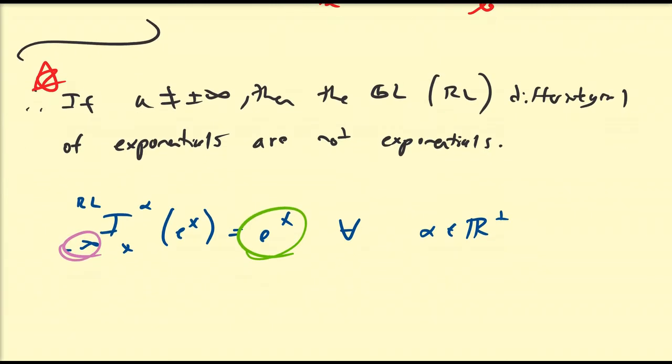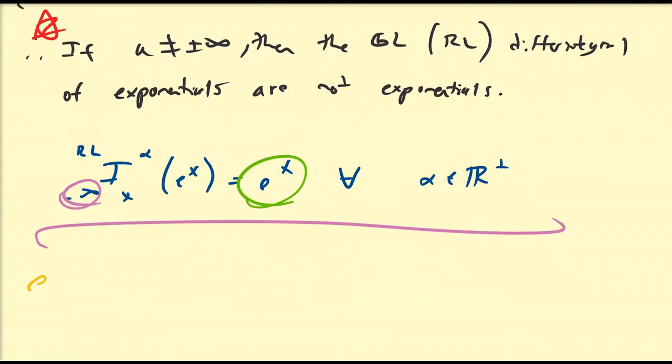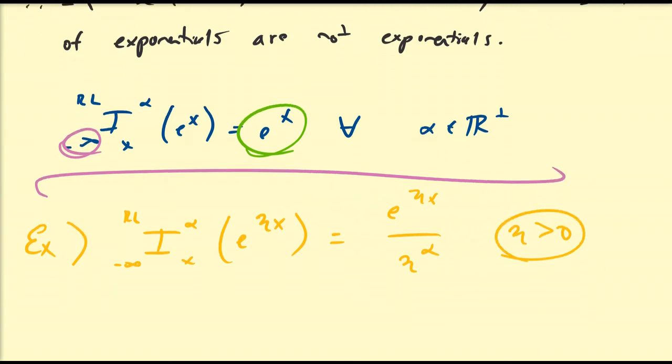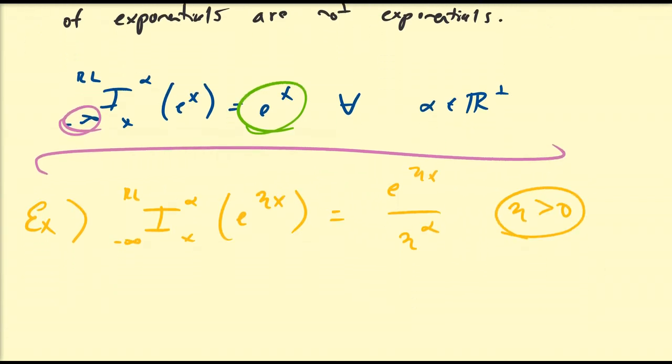So let's look at a couple other functions that may or may not give us properties that we want. So, example, let us consider the Riemann-Liouville fractional integral with base point minus infinity at x of order alpha of e to the eta x. So we've already proven that this is going to be equal to e to the eta x divided by eta to the power of alpha, provided that eta is a positive number, right?